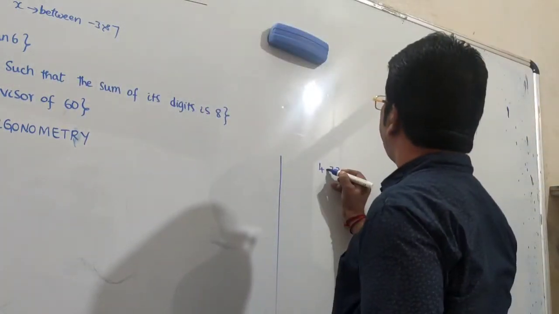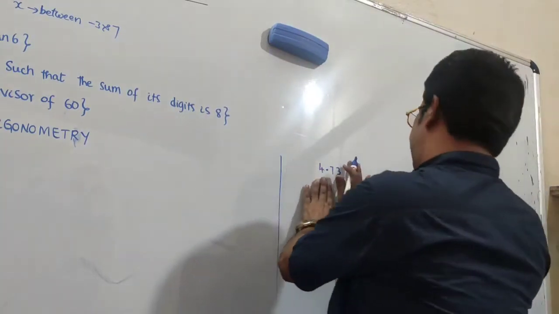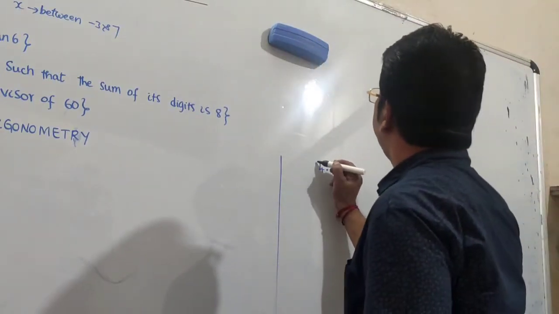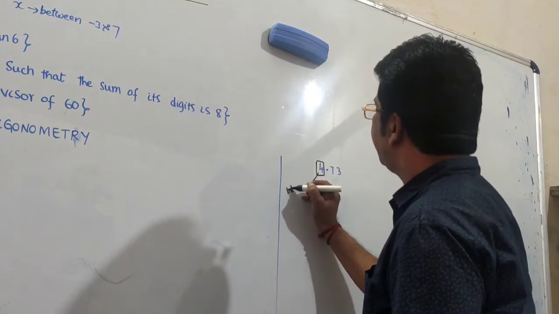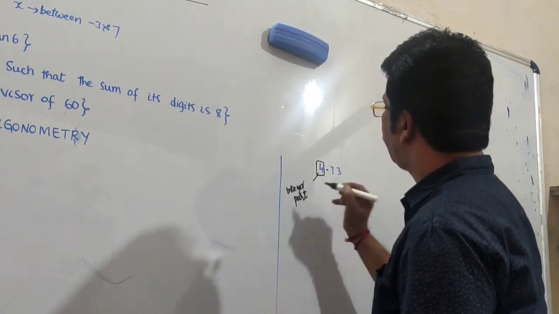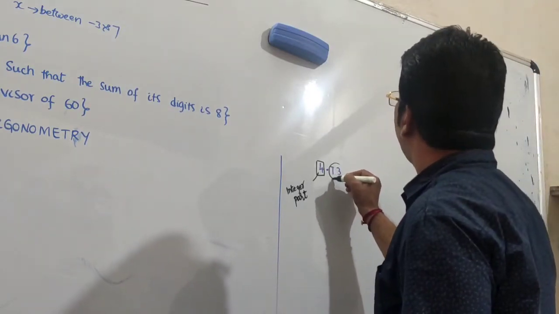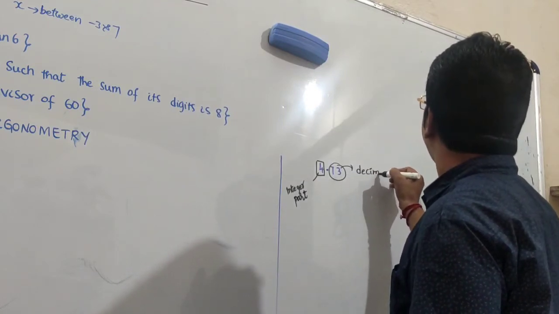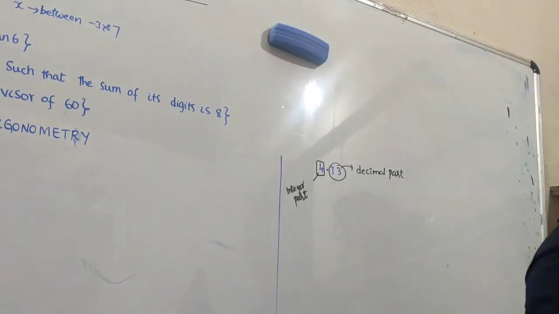The left side of the point is called the integer part. The right side of the point is called the decimal part.